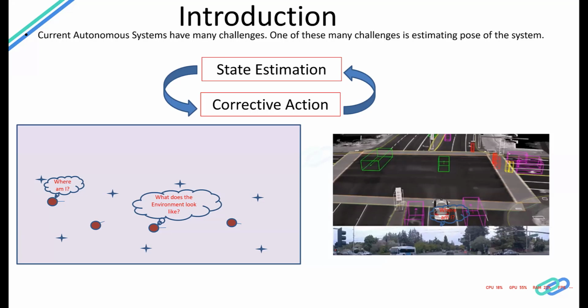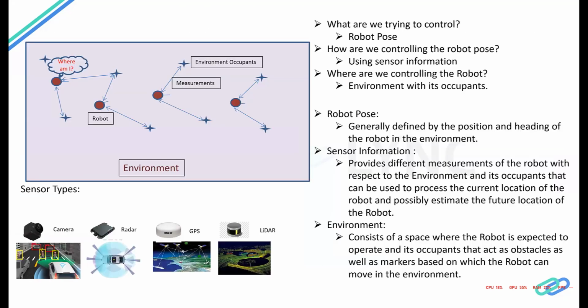So let us go into the next part of it. Here is an example where you have a robot in a given environment and you have different components of the environment. Let's say they're environment occupants. So what are environment occupants? For example, let us take an autonomous vehicle.